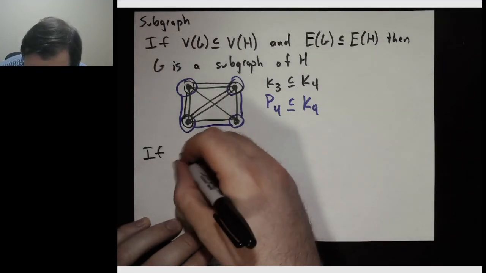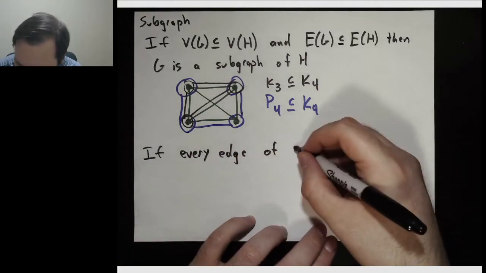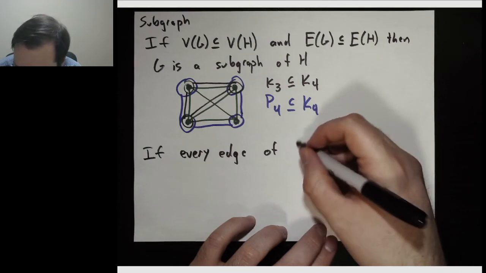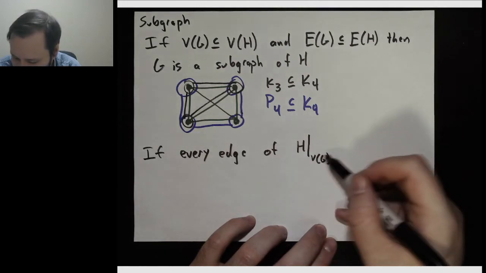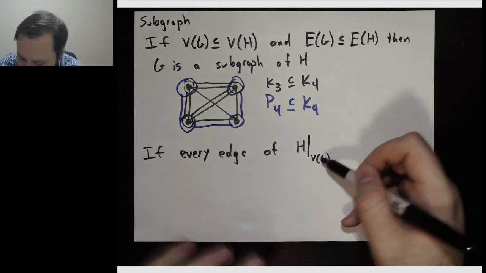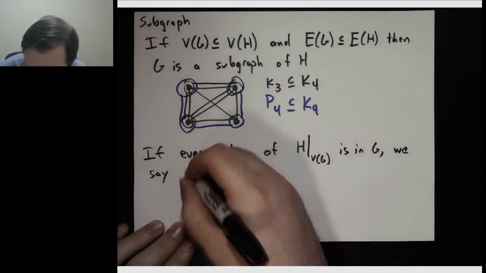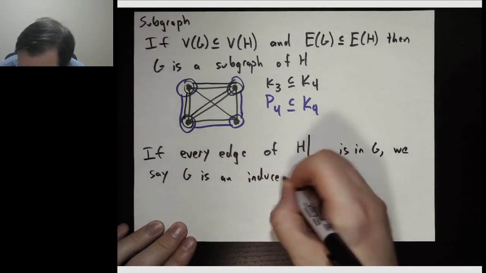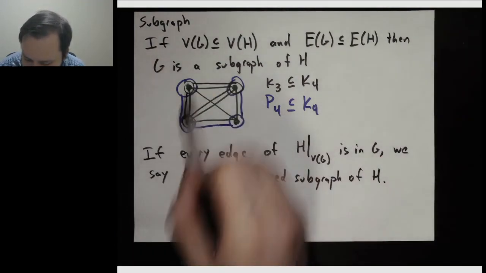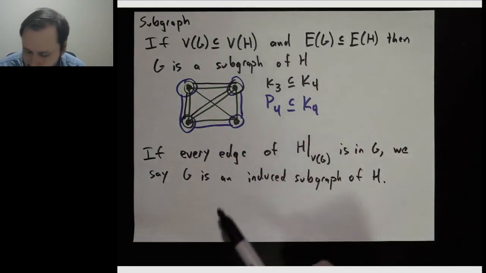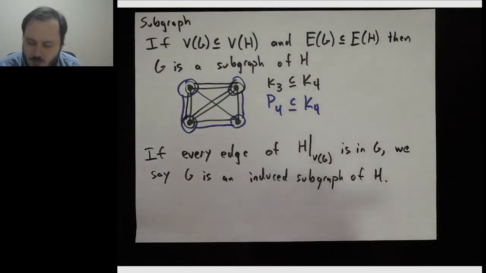So if every edge of my graph H, restricted to the vertices of G, what this symbol means, so I'm just using the vertices of G and looking at the edges that happen if I just have those vertices, is in G, we say G is an induced subgraph of H. So K3 is an induced subgraph of K4, and P4 is not an induced subgraph of K4, but it is a regular subgraph, a weak subgraph, you can say.